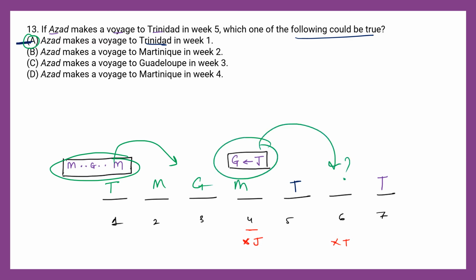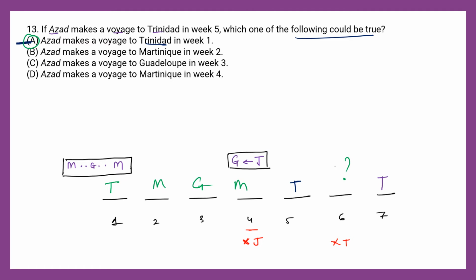So you are not in a position to follow these rules. The moment you put T in position 1, you cannot follow the rules. So it's not possible, which means this is always going to be false, like an always false statement. So you know that A is not the answer.